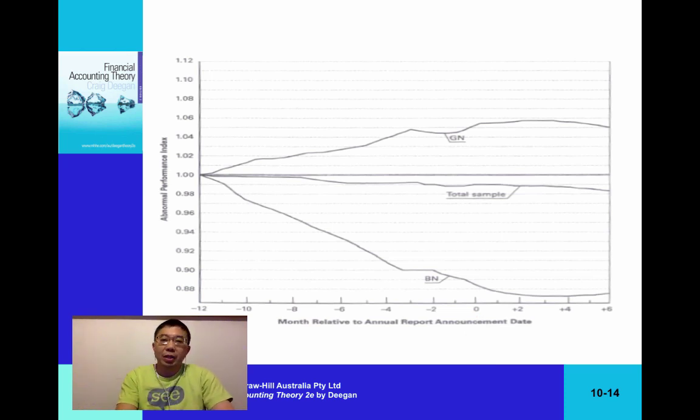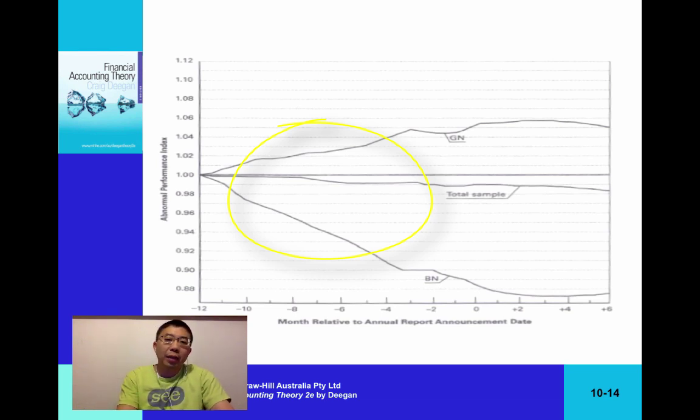But what you also see, let's look at the increase as a result of good news, as a result of unexpected increase in profits, is that the slope already starts to move upwards 12 months before the announcement of the results.